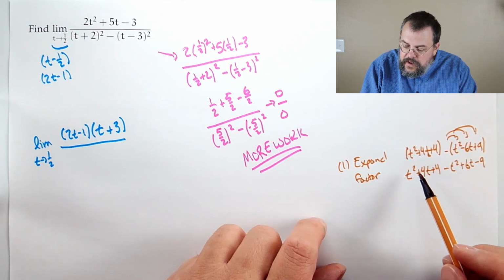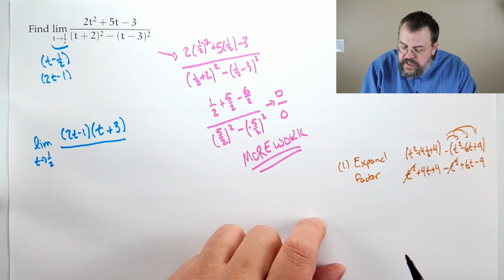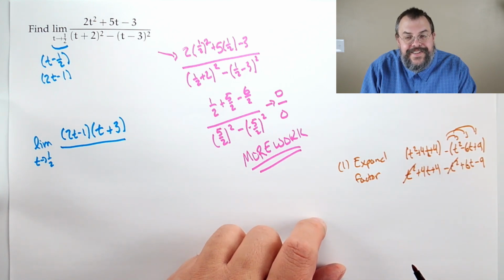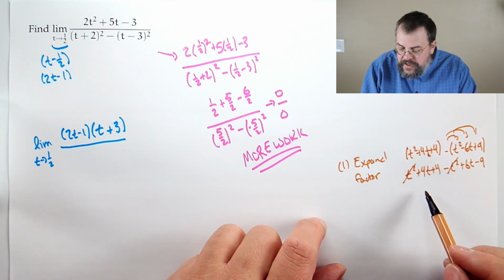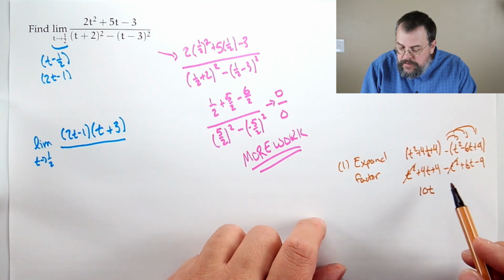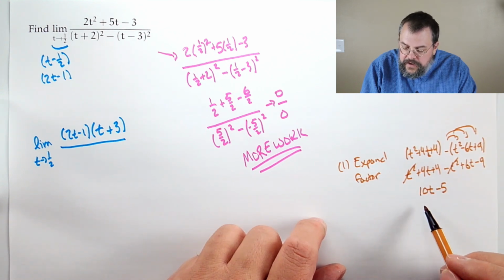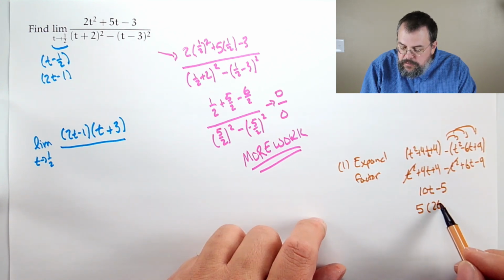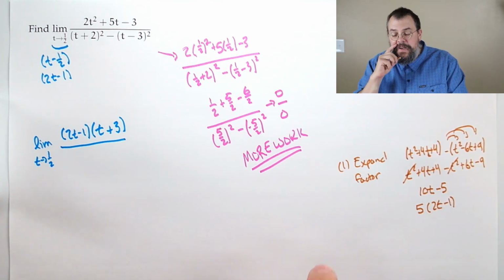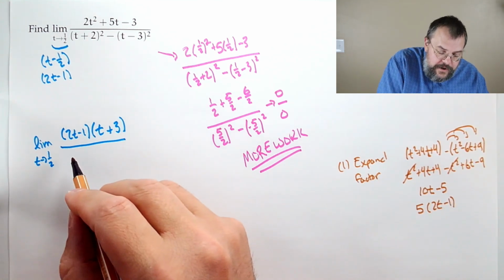And now you say, cool, the t squareds cancel. Nice. 4t plus 6t is 10t, plus 4 minus 9 is negative 5. Or if I pull out a 5, I get 5 times (2t minus 1). Okay, nice. So I'll go ahead and put that in.